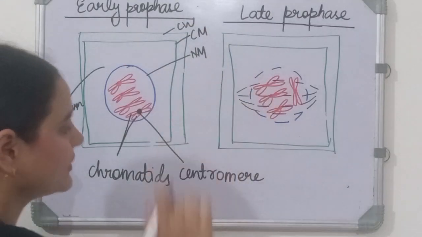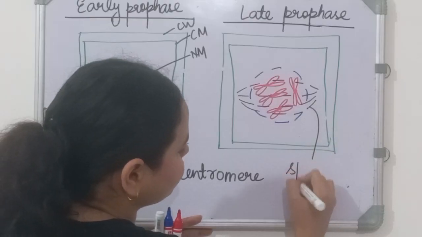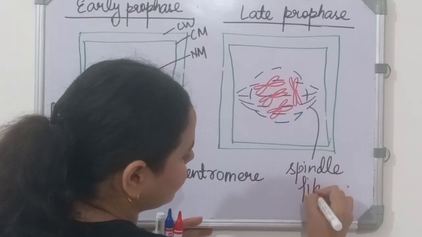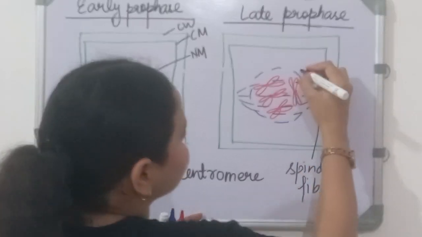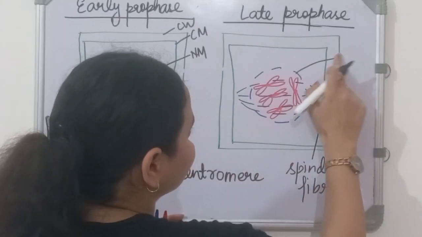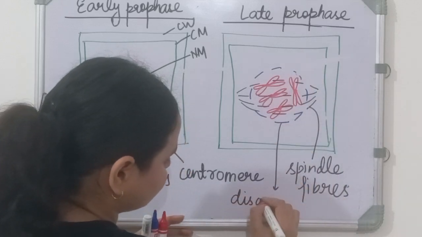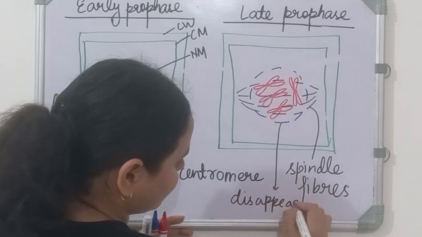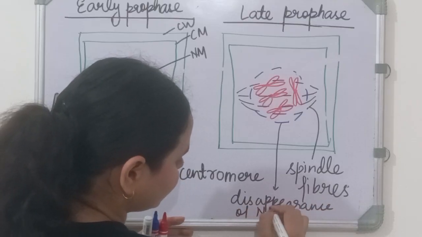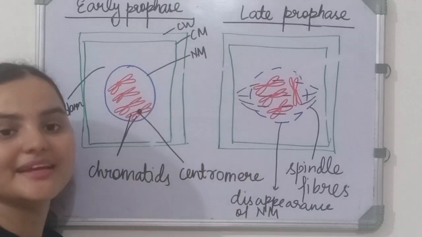Okay, now here two new labelings are this: spindle fibers, and disappearance of nuclear membrane. So let me write here: disappearance of nuclear membrane. Okay, I hope it is very clear now.